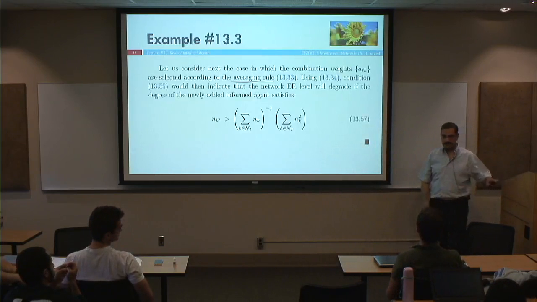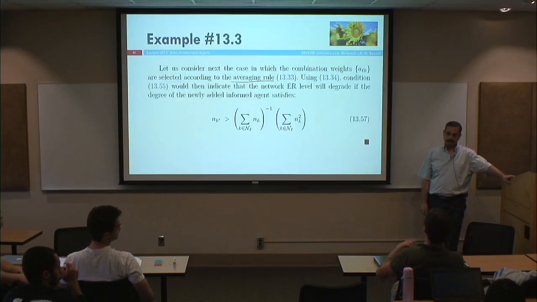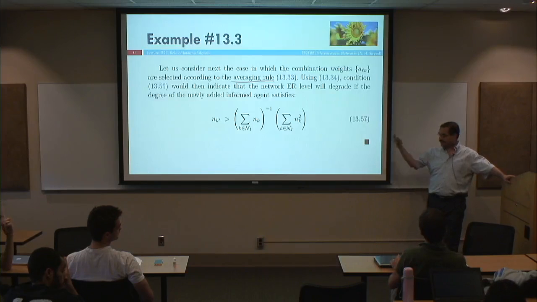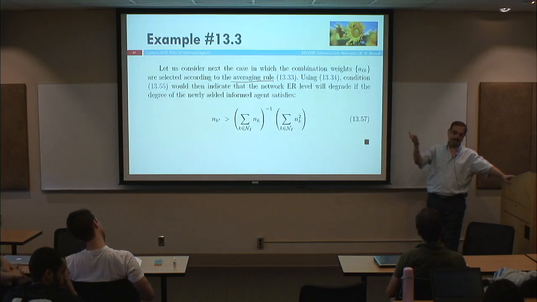Professor, how about the case where you start with few informed agents and then automatically the other agents become informed? You don't control whether to add them or not. Right. So what this analysis is showing is, if they automatically decide to turn on or off, that's fine. But the performance will change according to these expressions.